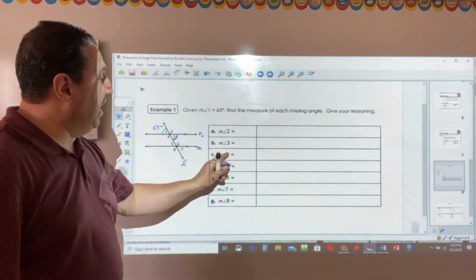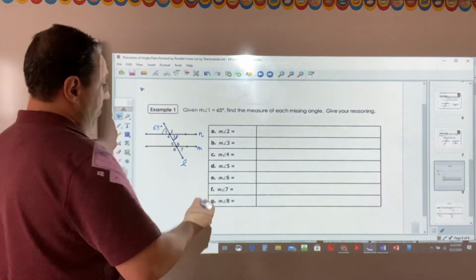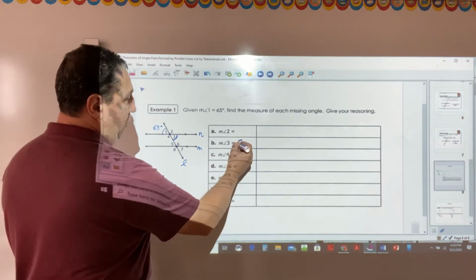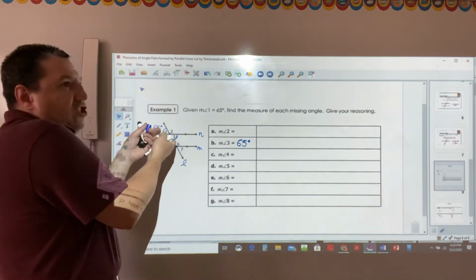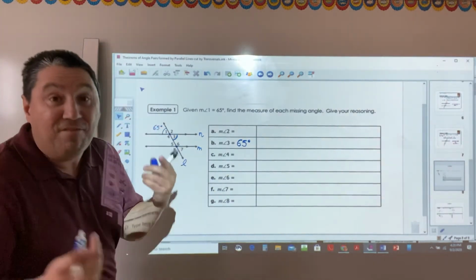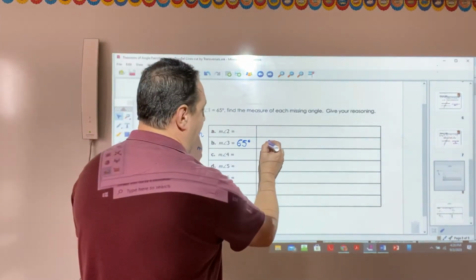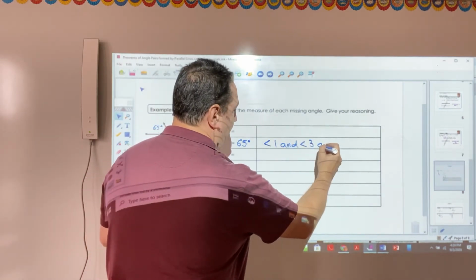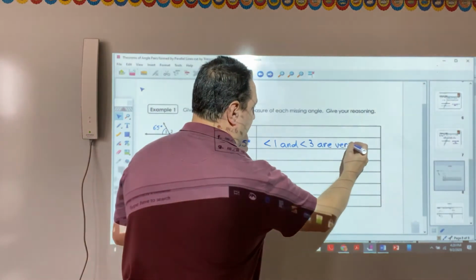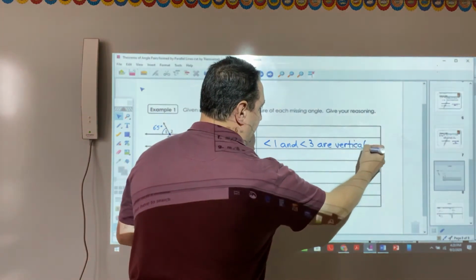So we can write here, measure of angle 3 equals 65 degrees. Why? Because angles 1 and 3 are vertical. Good.